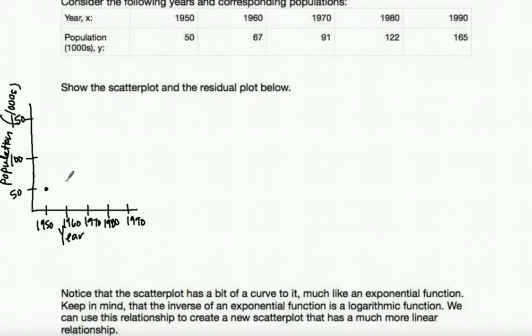For 1950, we'd have 50. For 1960, we'd have 67. For 1970, we'd have 91. That one maybe is not a great place, let me fix that one. 1980, you've got 122. And then 1990, you've got 165.